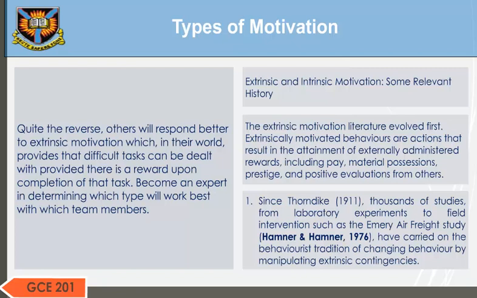Since Thorndike 1911, thousands of studies, from laboratory experiments to field interventions such as the Emery Air Freight study, have carried on the behaviorist tradition of changing behavior by manipulating extrinsic contingencies.